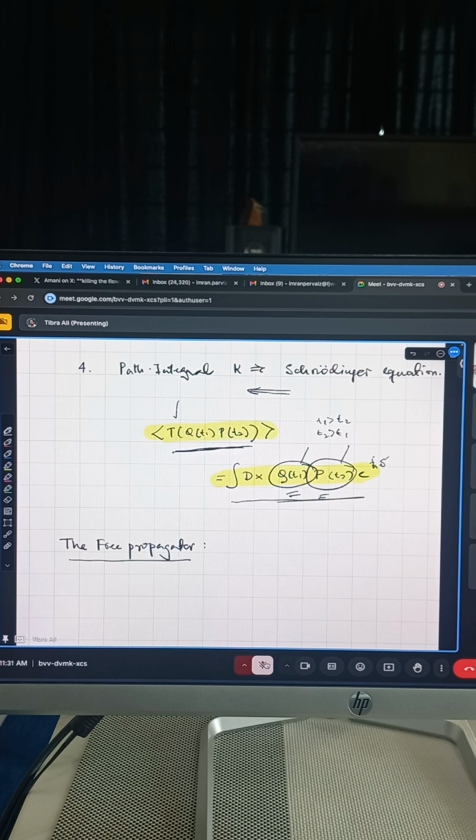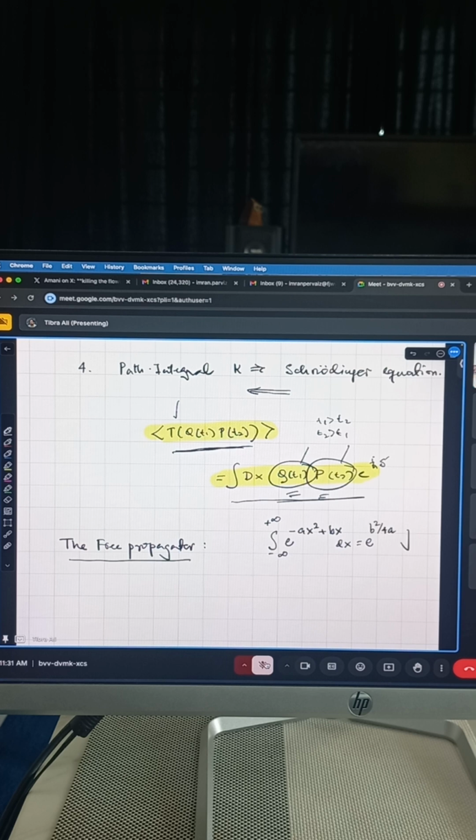If you have a linear term, the way we do this is we do a change of variable so that we can complete the square. Completing the square gives us an extra term, which is b squared by 4a, and here we have the square root of pi over a. So this is the formula that we will need. So what is the path integral for the free propagator?